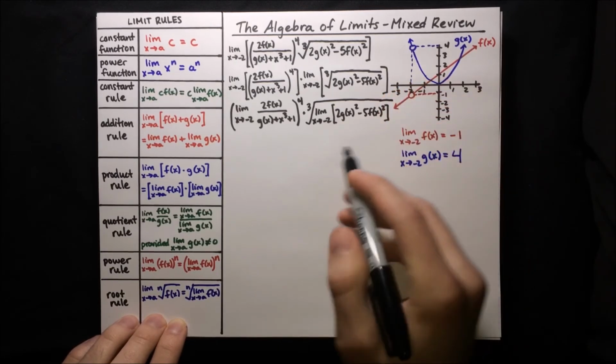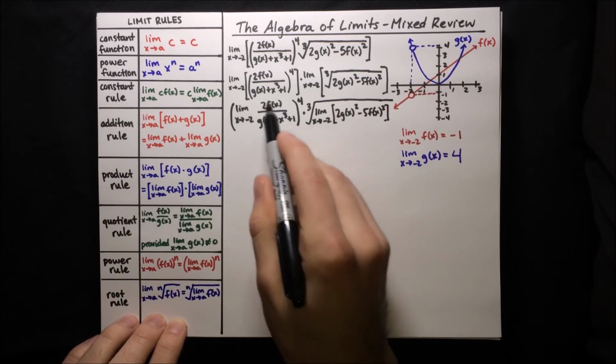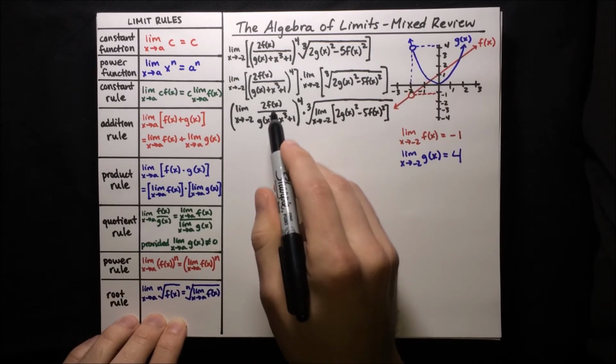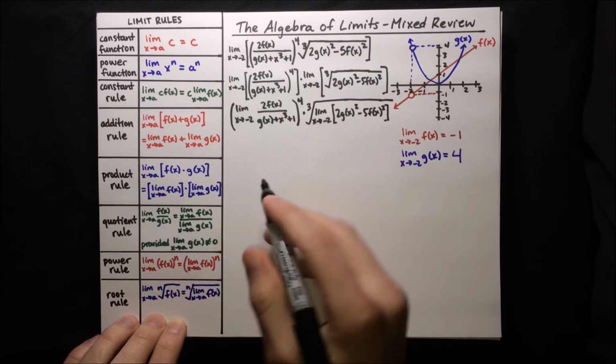Alright, so now it's time to keep on simplifying. In this limit here, this is a quotient, so we'll apply the quotient rule that allows us to split up the limit over the numerator and denominator.